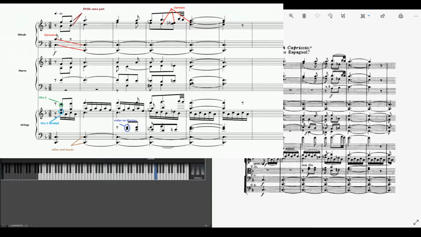Now here's the part I find interesting too. With the melody is the second violin. The second violin playing this rhythmic figure. It still sounds like a doubling of the melody.